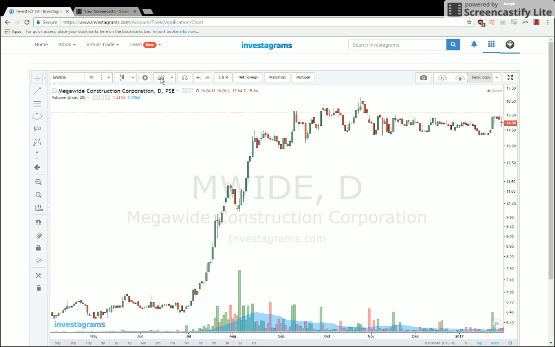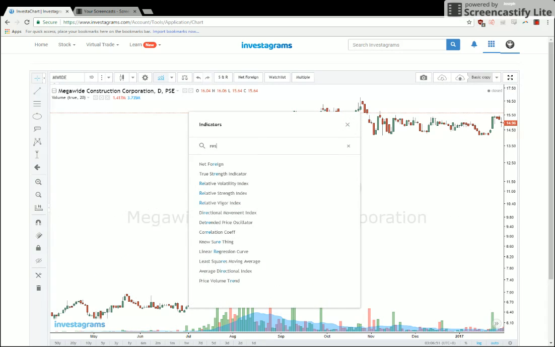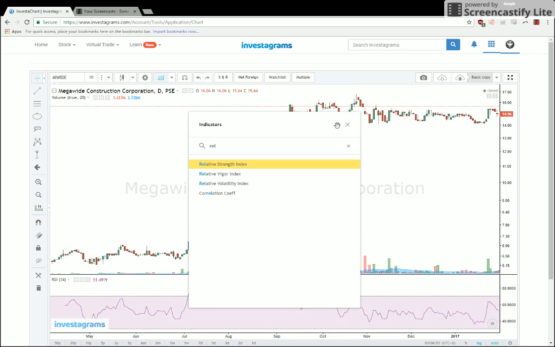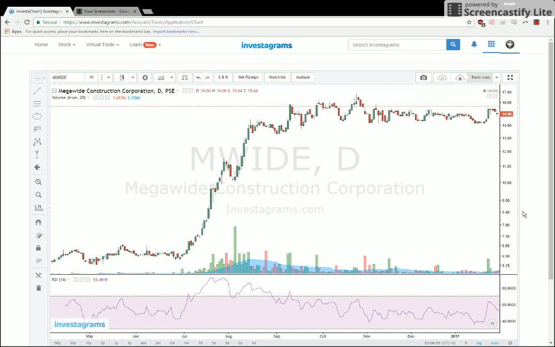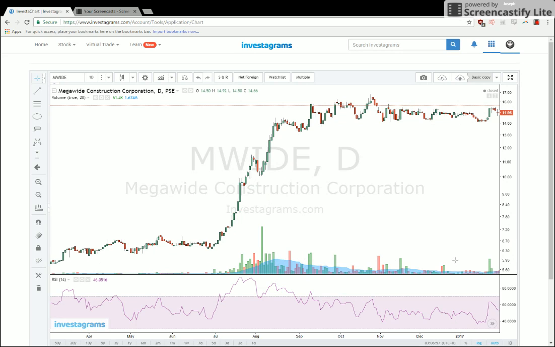Another popular one is the relative strength index, or the RSI. As opposed to the other one, where it just showed you the strength, this one shows you the strength and whether or not it's in overbought or oversold conditions.